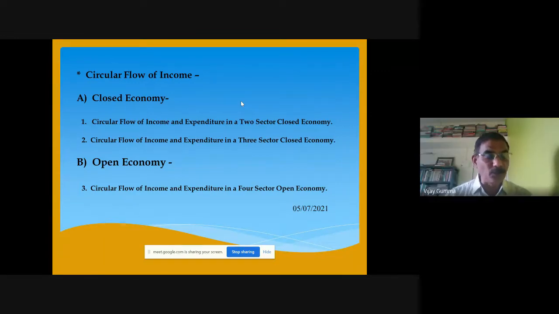See, circular flow of income and expenditure explains how national income and national output generate in an economy.